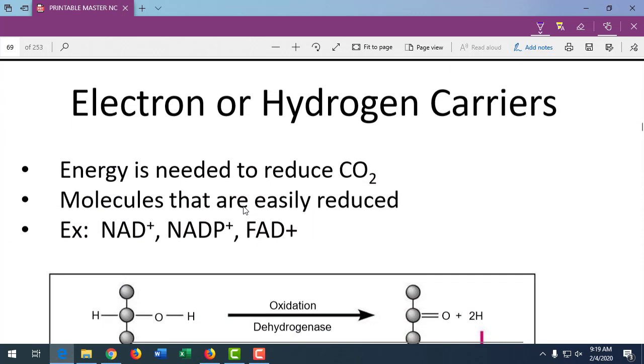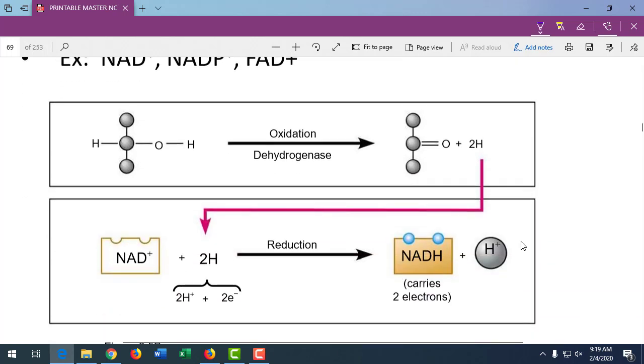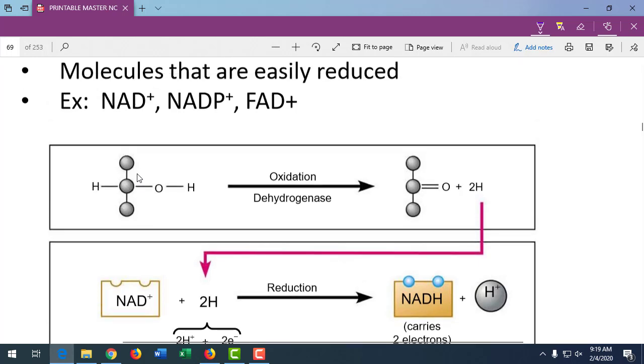So to reduce this carbon dioxide, energy is needed. If we look at this process here, what is this? This is a sugar.